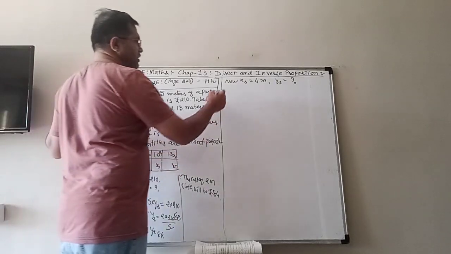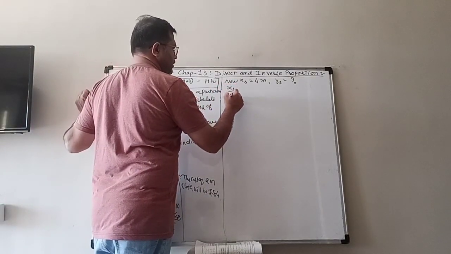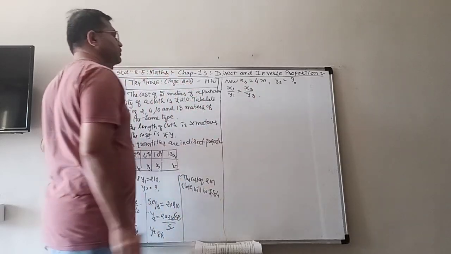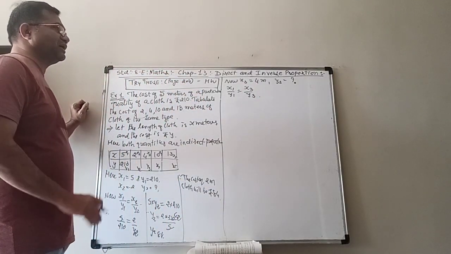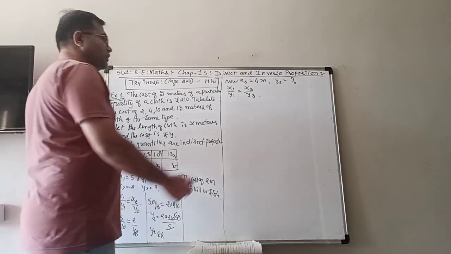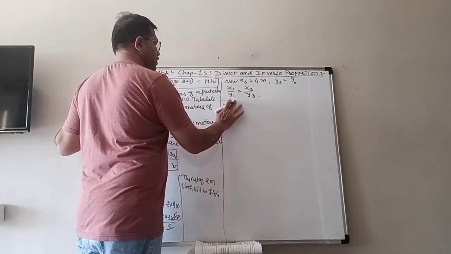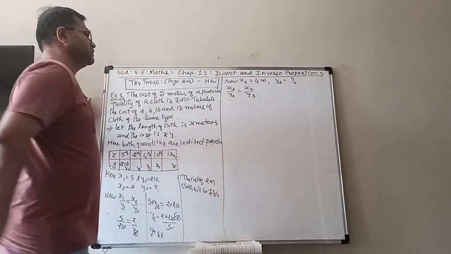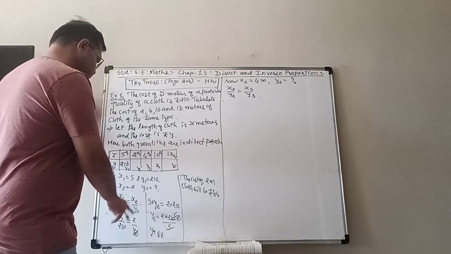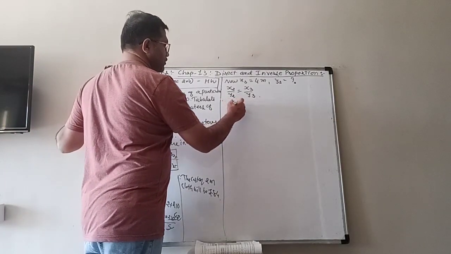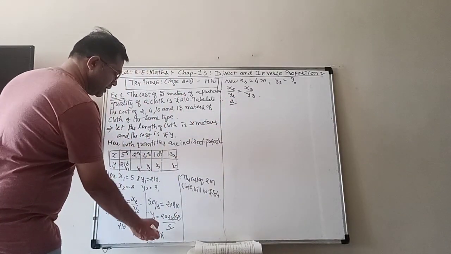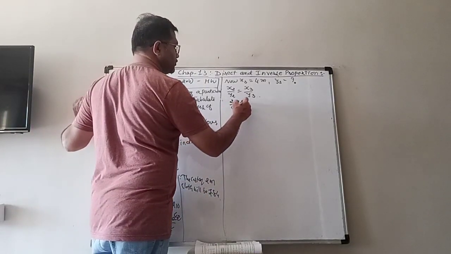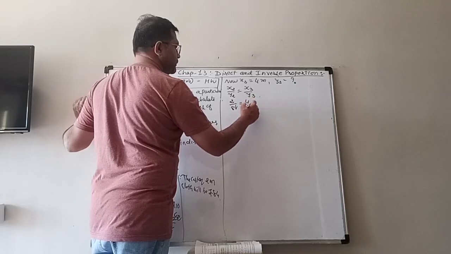So again you can take the same x1 upon y1 is equal to x3 upon y3, because now we have to find y3. Or you can take x2 upon y2 also, not a problem. What is x2 here? 2. y2 we already found here, 84. So 2 upon 84 is equal to 4 upon y3.